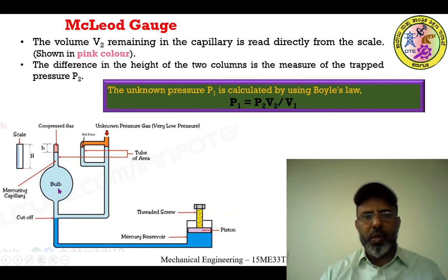This is how we are going to calculate the initial pressure or the unknown pressure P1 using Boyle's law.